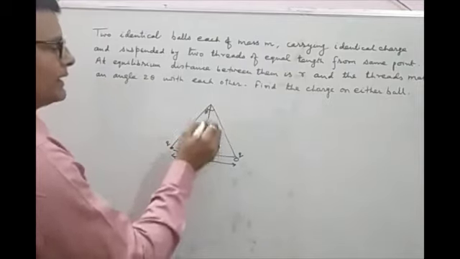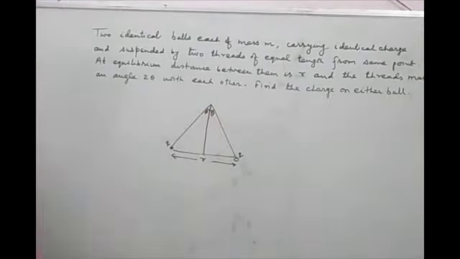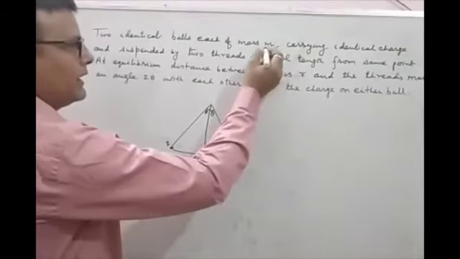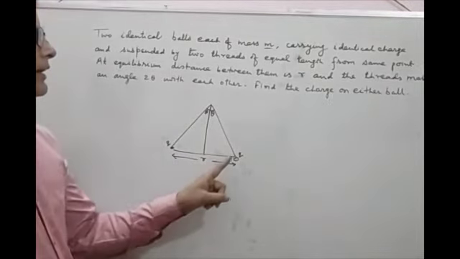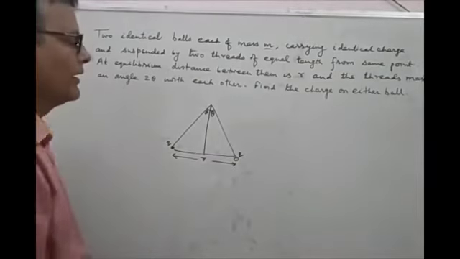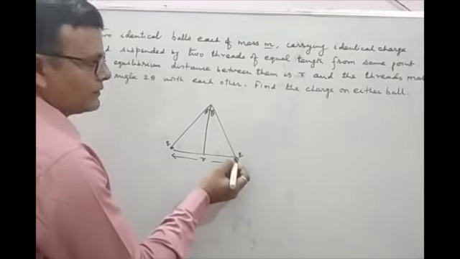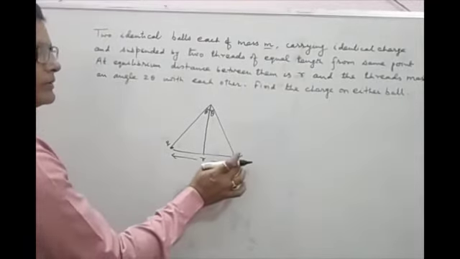Since it is an angle bisector, both angles are equal to theta, and mass of the ball is m. In equilibrium, we have to represent all the forces acting on this particle.